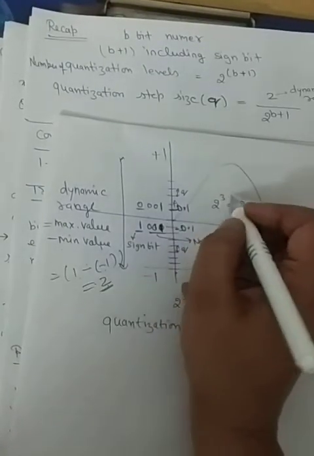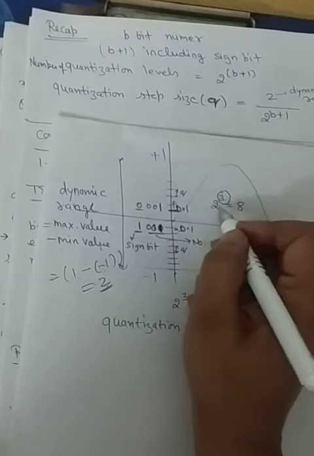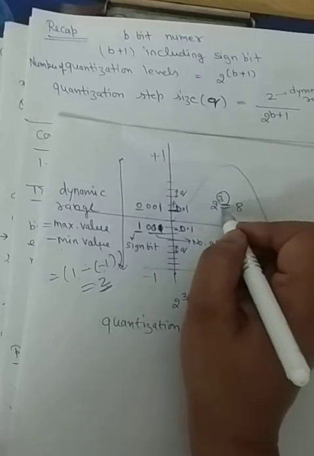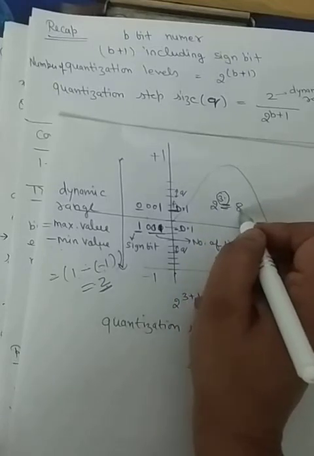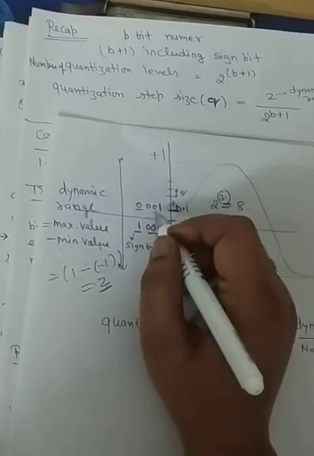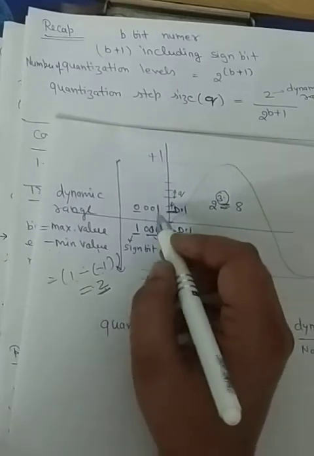Suppose in this case, if we are representing a particular level with 3 bits, we can obtain 2 raised to power 3, that is equal to 8 unique combinations of 0 and 1 with 3 bits.